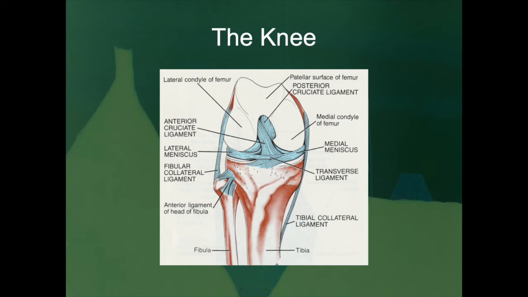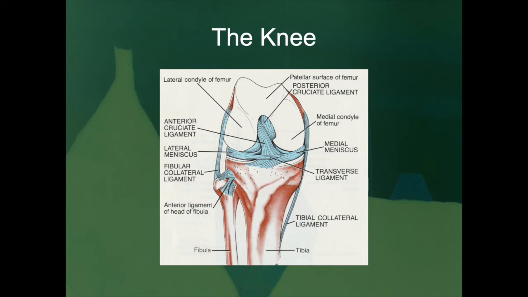Inside of the joint itself, attaching both the upper and lower portions of the lower extremities, we have important ligaments, and I'll just mention a few here. We have the medial meniscus, a semicircular piece of fibrocartilaginous material, again important to the overall strength of the joint itself.